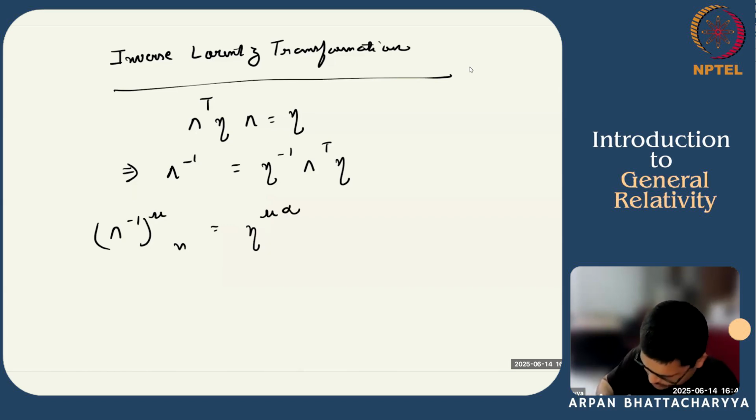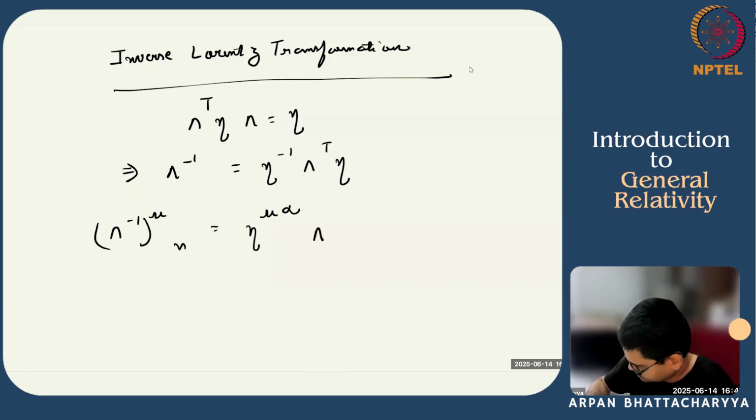So remember that again, both sides should have the same type of free indices. So here the mu is upstairs, so there will be a free index up, which will go with the component of eta inverse. So there will be mu alpha, and these should be contracted with the indices of lambda.